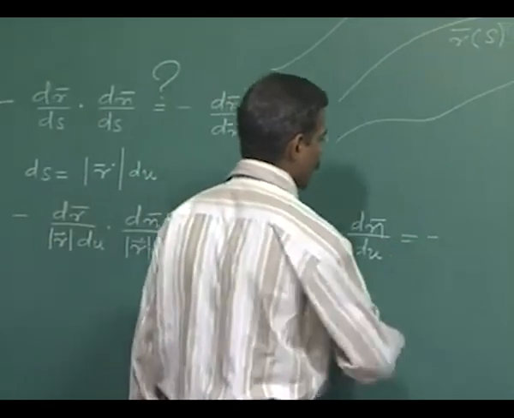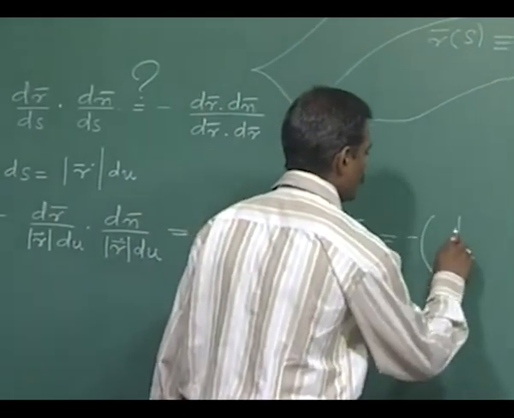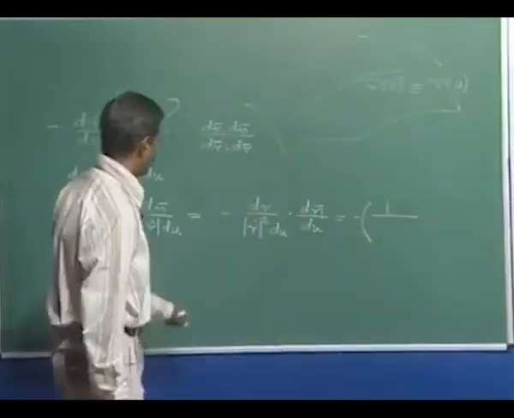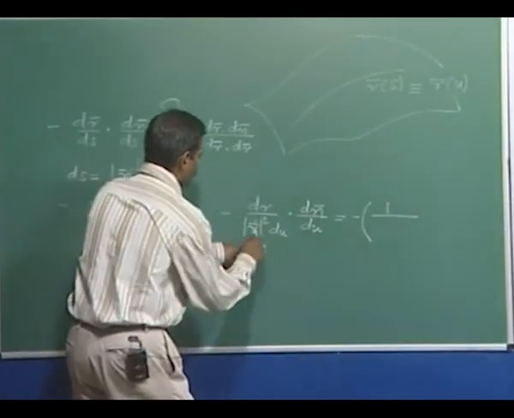This is equal to minus of 1 over, what is r dot squared?